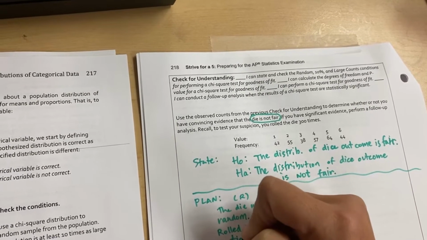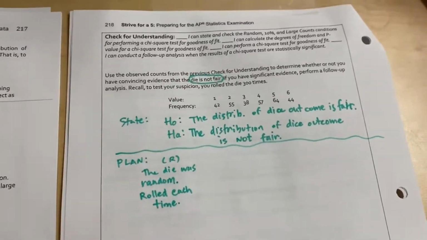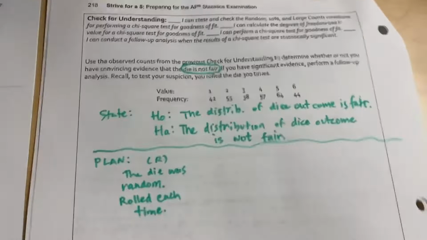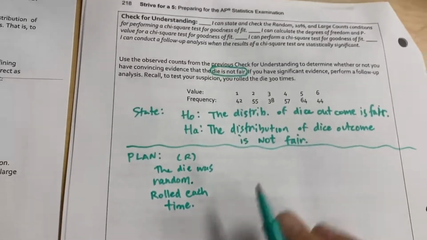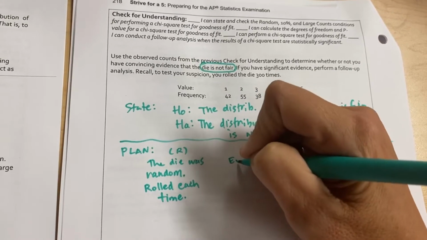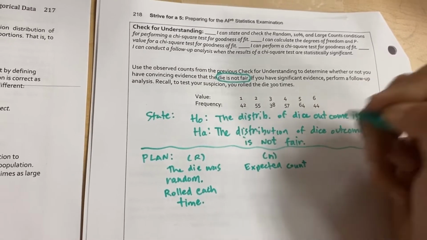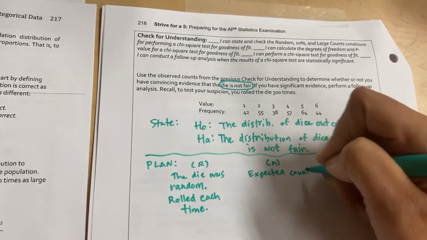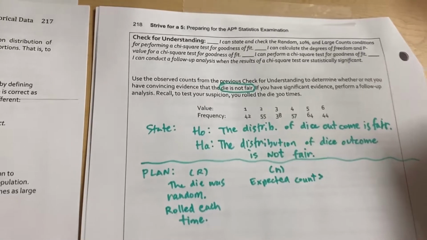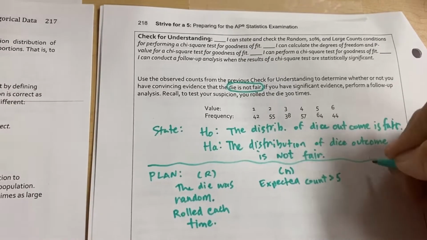Which just means we rolled it each time the same way, you know, we didn't throw it any higher or lower, whatever, we were consistent, so we should get different outcomes. And we need our expected counts to be at least 5. We want them greater than 5, but they can be greater than or equal to 5, right?